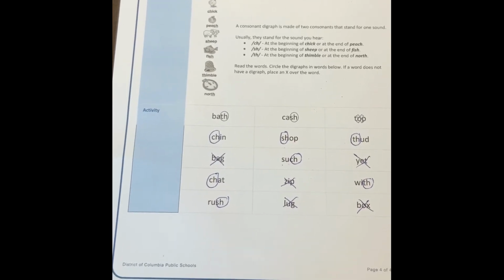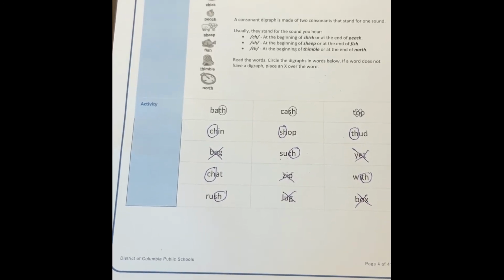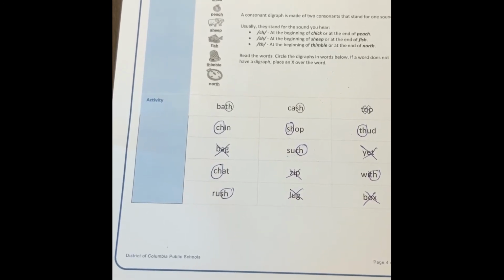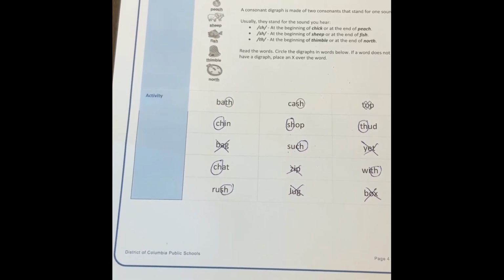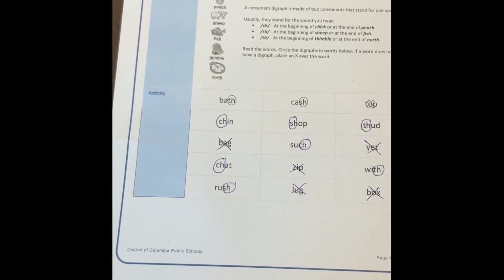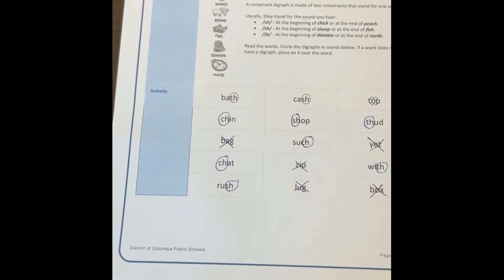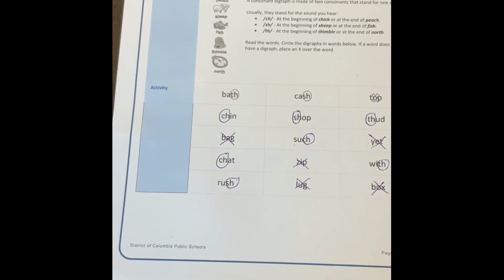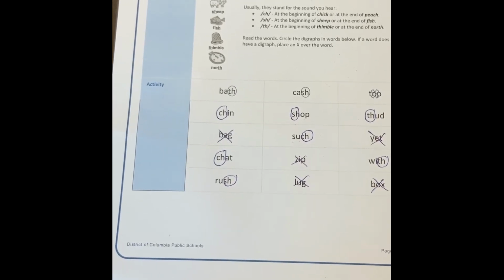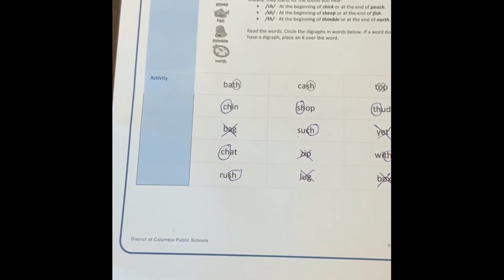We read over the words and I spied to see if we could find words that had CH, SH, or TH. We had bath, chin, bag, chat, rush, cash, shop, such, zip, lug, top, thud, yet, with, and box.